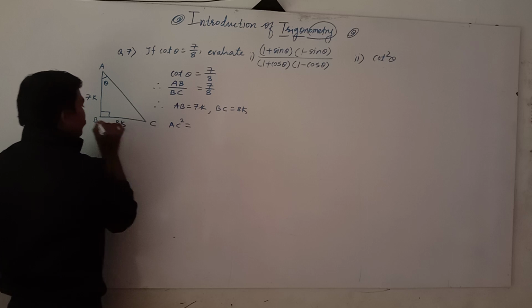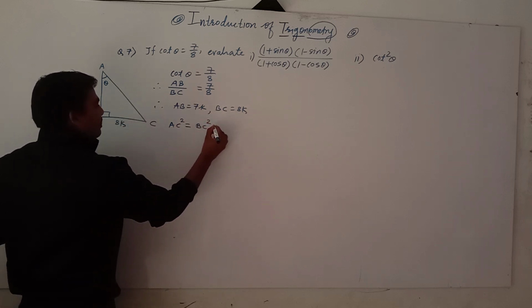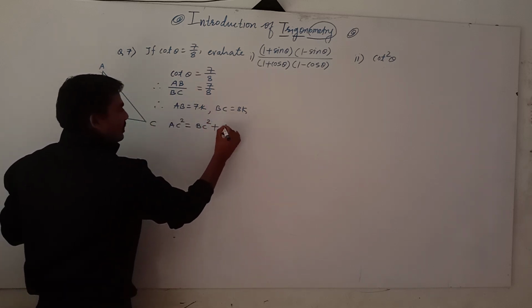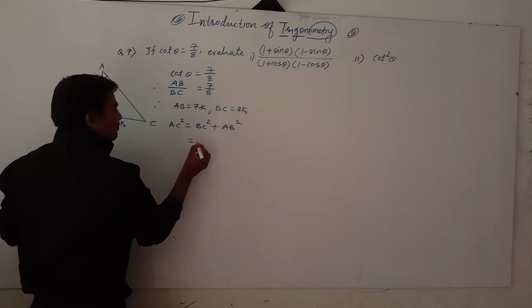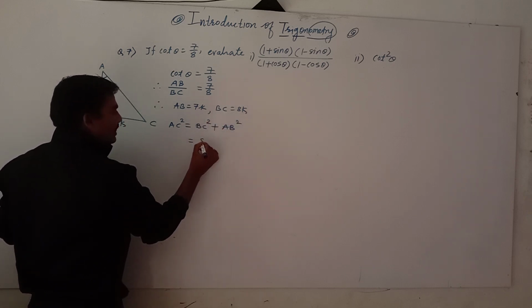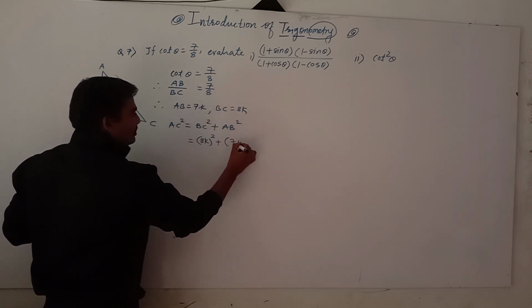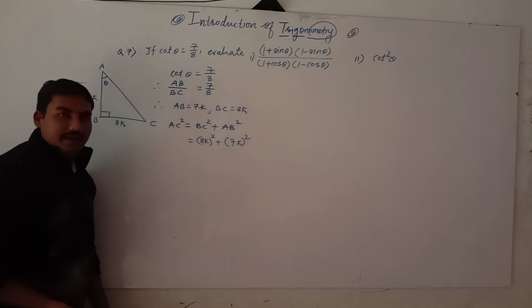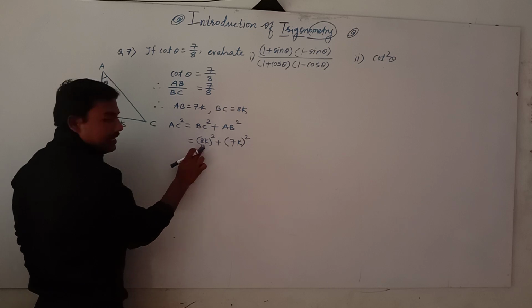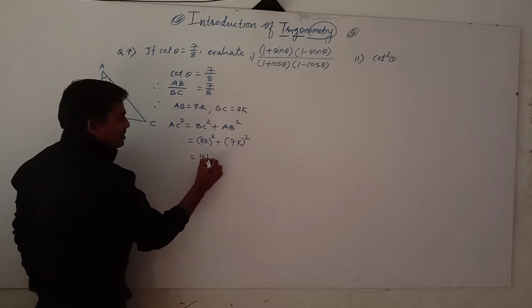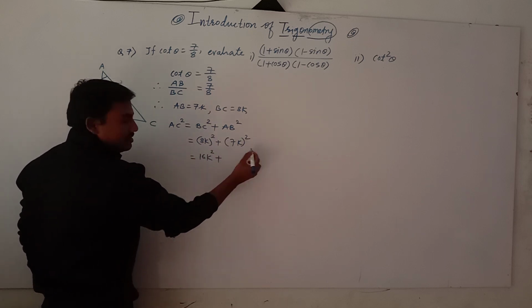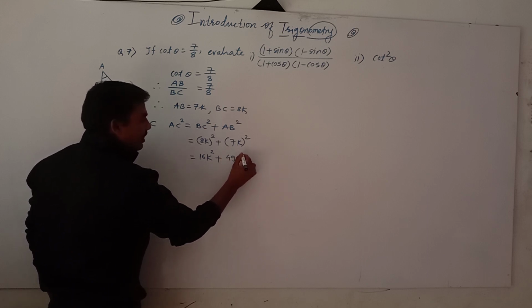AC square is equal to BC square plus AB square by Pythagoras theorem. So BC is 8K square plus AB is 7K square. 8K square is 64K square, 7K square is 49K square.